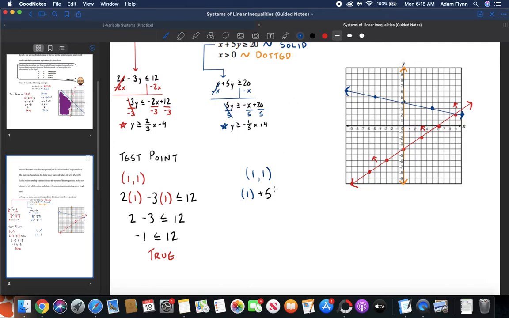Instead of y, I'm plugging in another 1, greater than or equal to 20. So if I simplify this, get rid of the parentheses, I've got a 1. 5 times 1 is going to be 5. And of course, the greater than or equal to 20. 1 plus 5 is going to be 6, and then greater than or equal to 20. So I've got 6 is greater than or equal to 20. This is false.